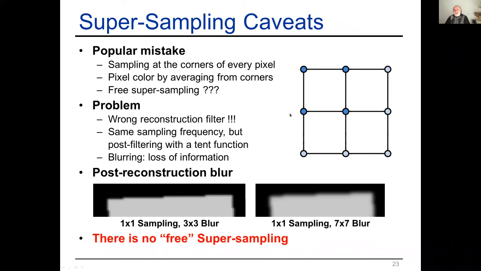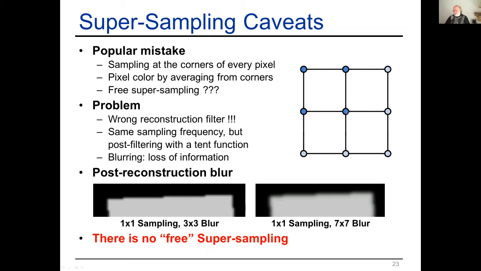Yes, so there are some ideas people regularly have, and I want to teach you not to fall into the same trap. A lot of people think, oh, I can cheat. So here are my pixels. Instead of tracing 4 samples per pixel, why don't I trace my samples at the corners of my pixel and share them between pixels?